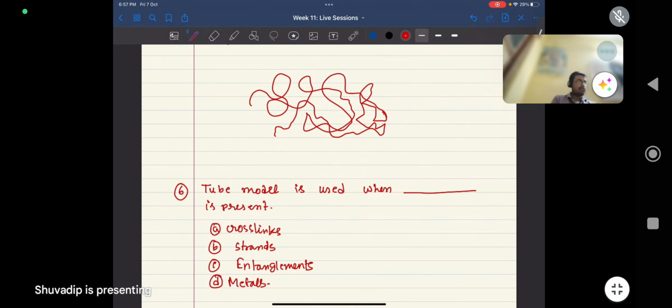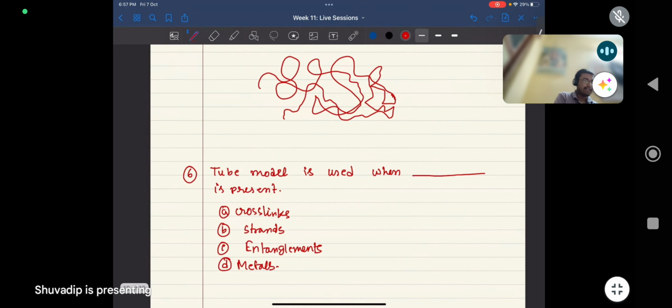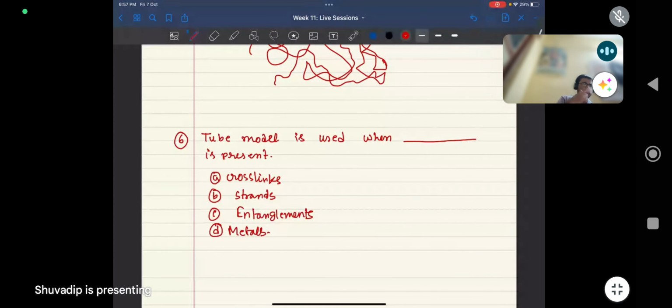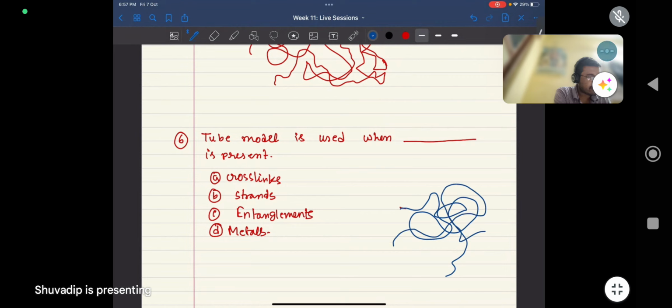Now, as you can see in the lectures towards the end of this week's module, if there is entanglement in the polymer structure, if two polymers are completely entangled like this, then to study the dynamics of those polymers, we use a tube model.